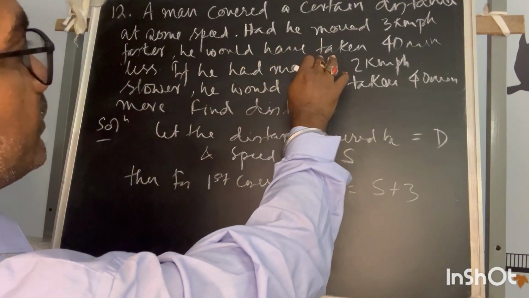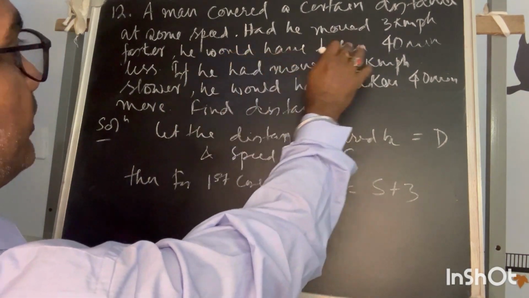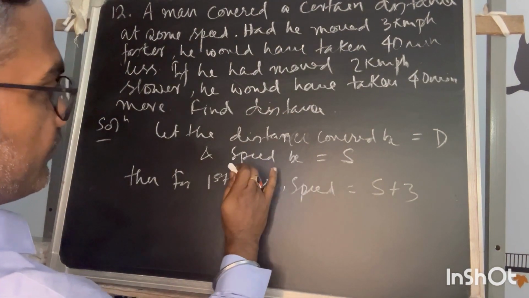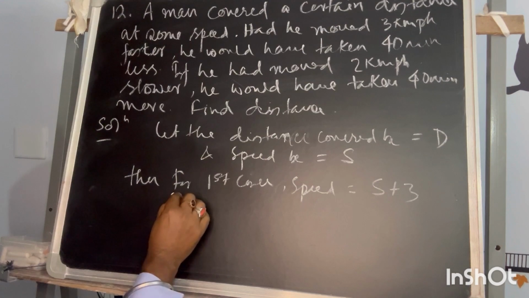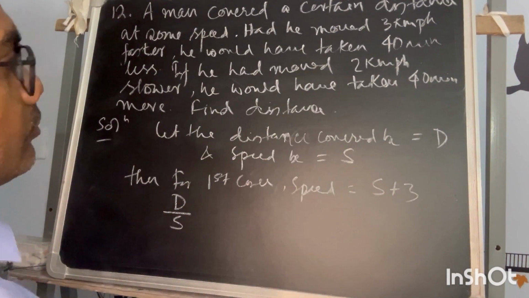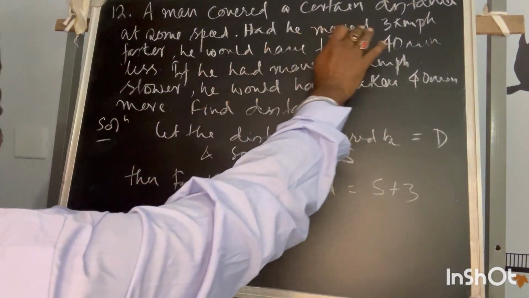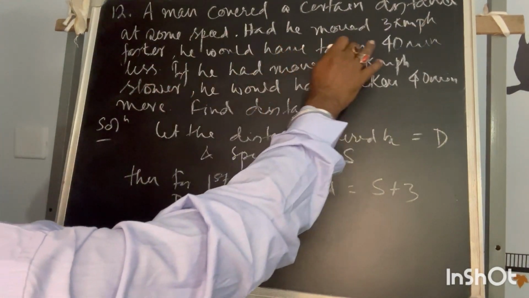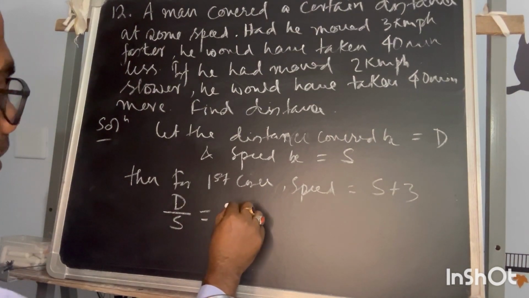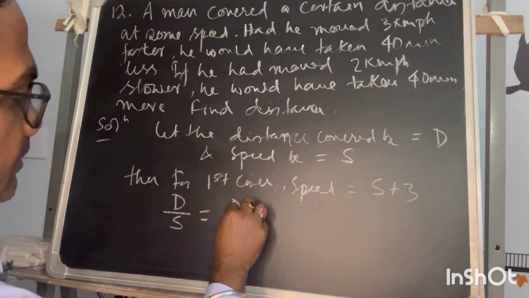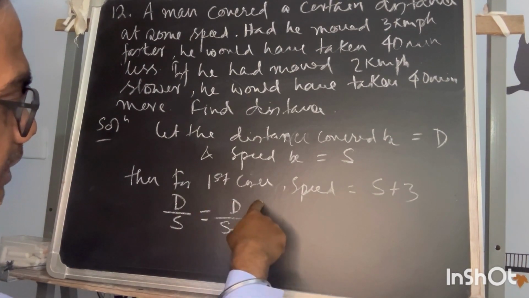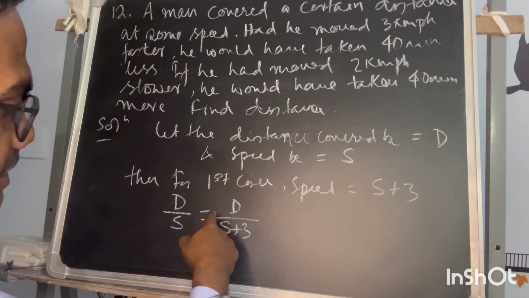He would have taken 40 minutes less. So in the first case, what is the time? Distance upon speed would be the time. If he had moved 3 kilometers faster, he would have taken 40 minutes less. So the distance is the same, speed is s plus 3, and this is the new time, which is a lesser time.